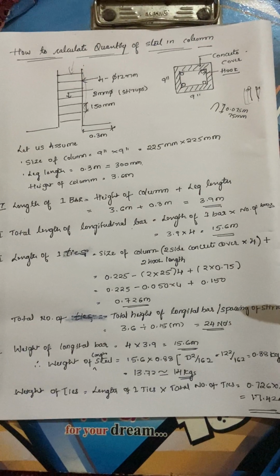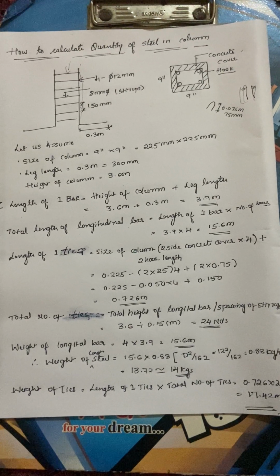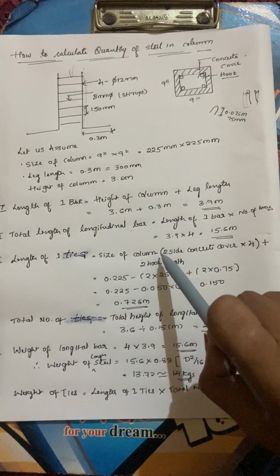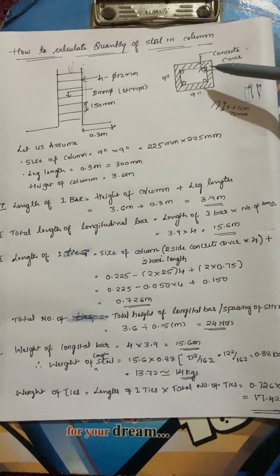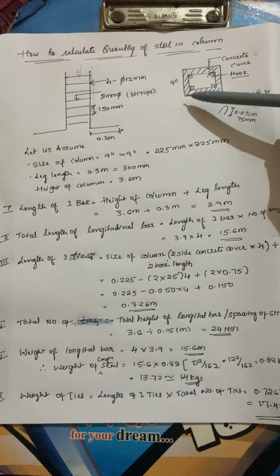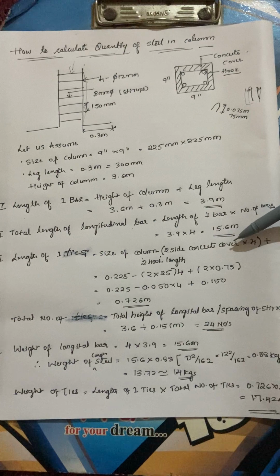Okay. Next, length of one tie. How do you calculate the length of one single tie? That is nothing but size of the column minus 2 into 2 sides of the concrete cover.